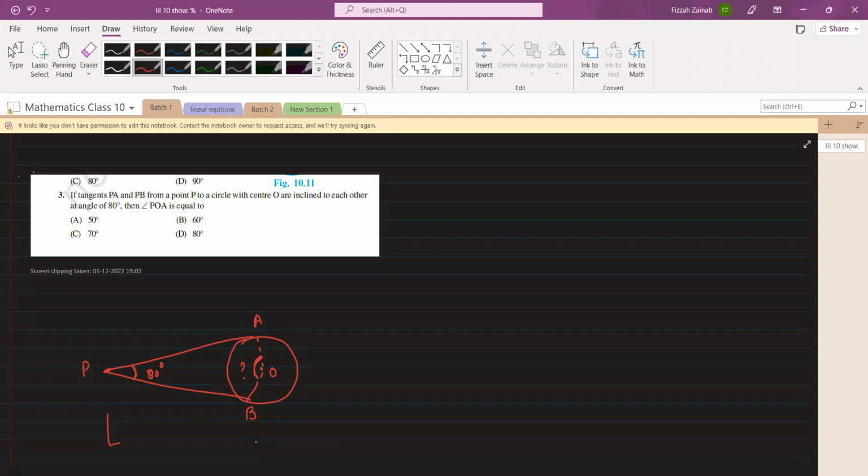How much is 90 plus 90 is 180, and then plus 80 will be 260, right? And then 360 minus 260 will be 100 degree.